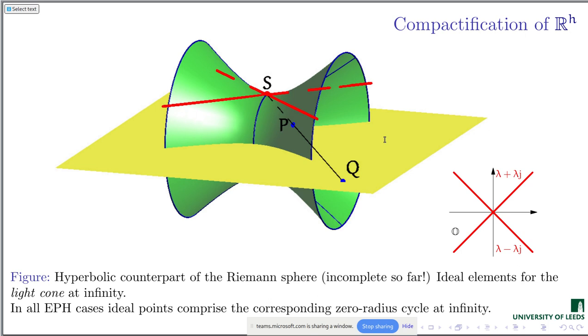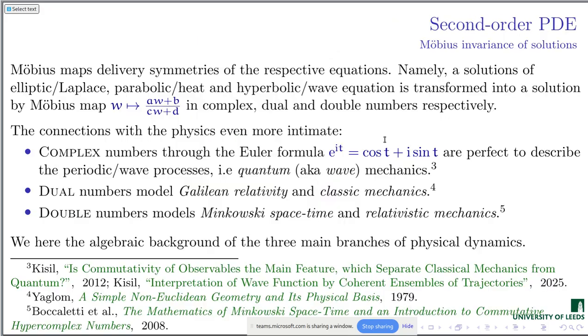As you see, these three types of Gaussian curvature objects appear very naturally again with respect to Moebius transformation, just because we need to resolve certain algebraic properties related to the division of the corresponding numbers.